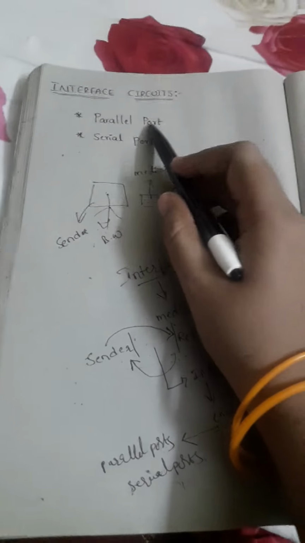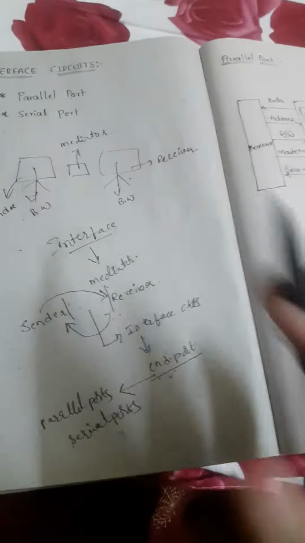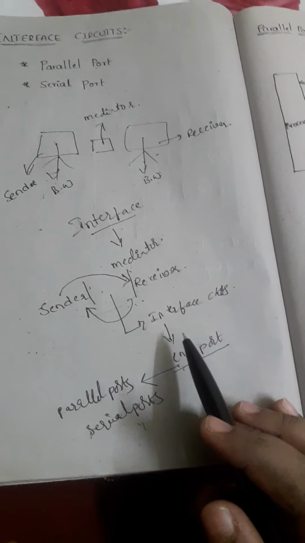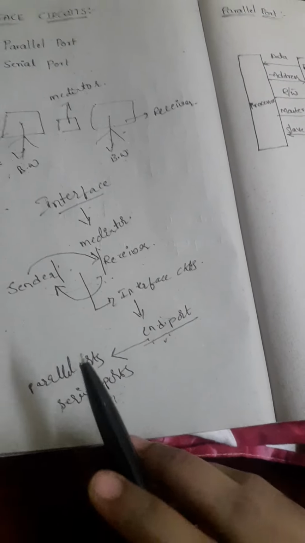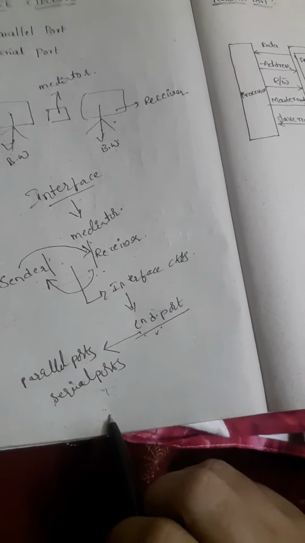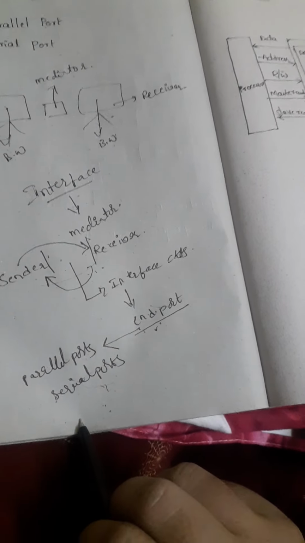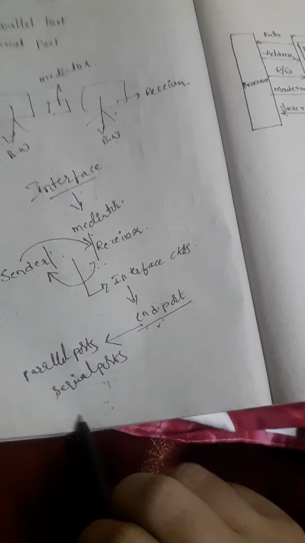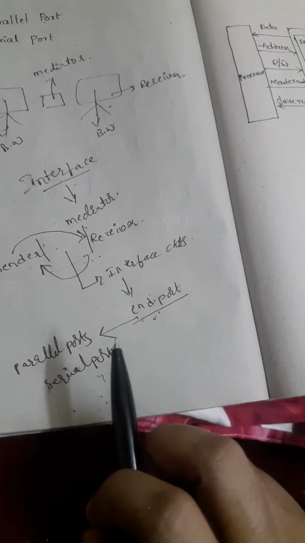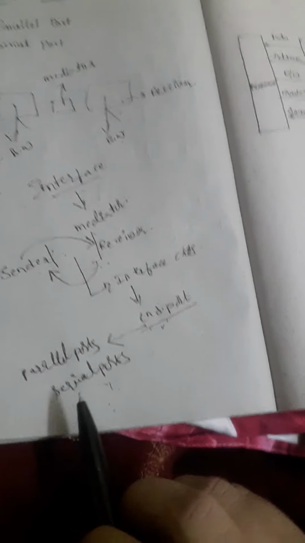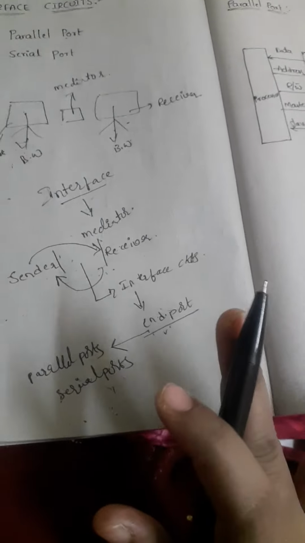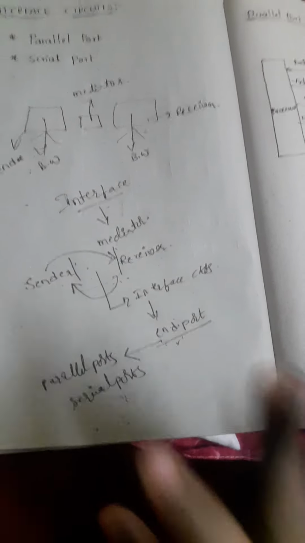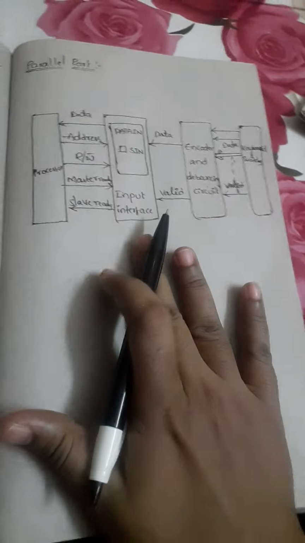So the end-to-end communication between the various systems can be done with the help of either a parallel port or a serial port. Now we will see what parallel ports and serial ports are. First we will go with the parallel port.